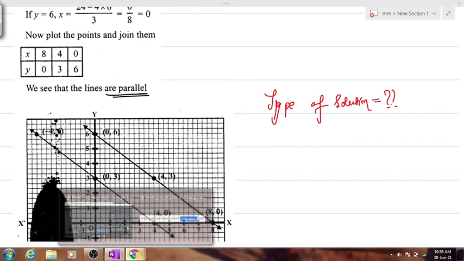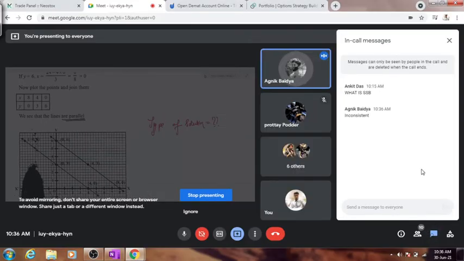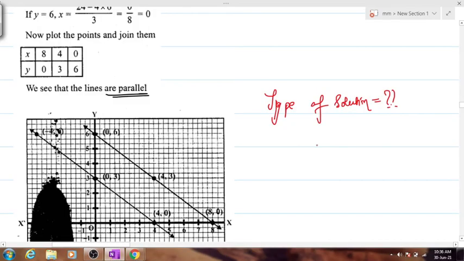Huh? Yes? No solution. Or we can say consistent or inconsistent. Sir, inconsistent. Very good. It's inconsistent. Can we move on to the next one?